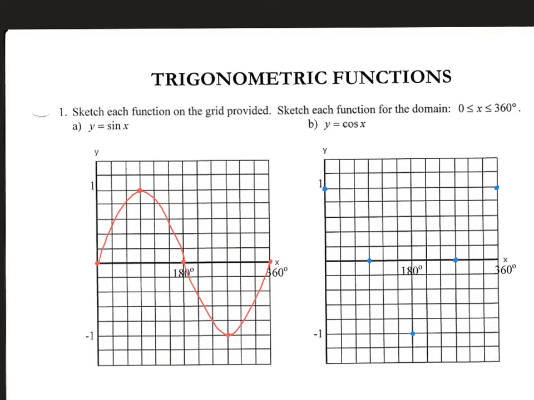With those key points, we can put on that curvature of curving down. At the 0, we switch to curving up. And then at that 0, we start to curve down again. And we should be able to produce the blue graph for our cos x. So just a little bit of review, and as I said, if you were able to graph both of those functions, then you've got what you need from the previous day's lesson.